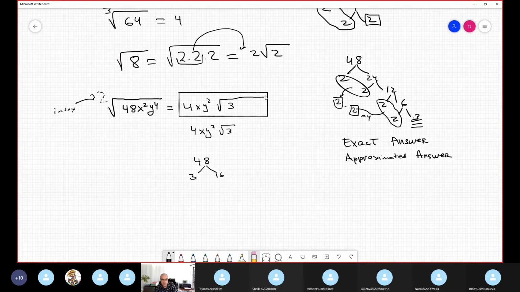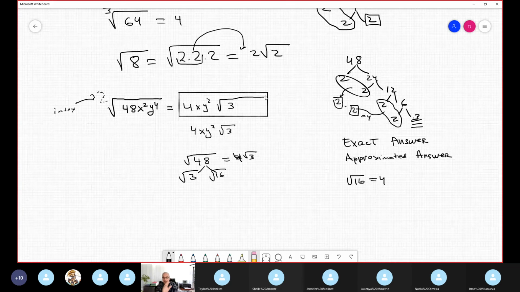And this 3 is this 3. My goal is to find the square root of this. I discovered that 16 is a perfect square because I know I get 4. The answer is 4 radical 3, sorry, because the square root of 16 is 4, not 2. And we get exactly the same answer.